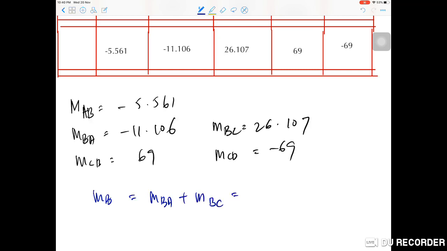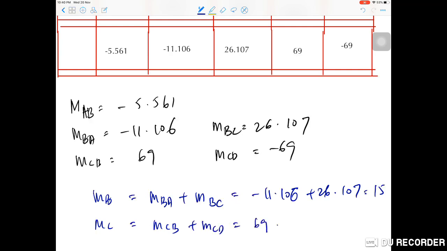It is equal to negative 11.106 plus 26.107, and this is equal to 15. And MC is equal to MCB plus MCD. This is equal to 69 minus 69 and equal to 0.